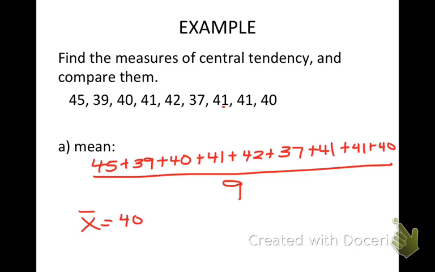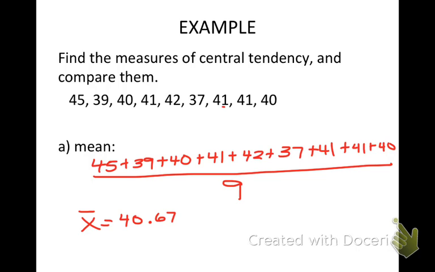So 40.67 if we round it. Really that 0.666666 repeating is what fraction? 2/3, right? So really it's 40 2/3, but we'll round it to 40.67.